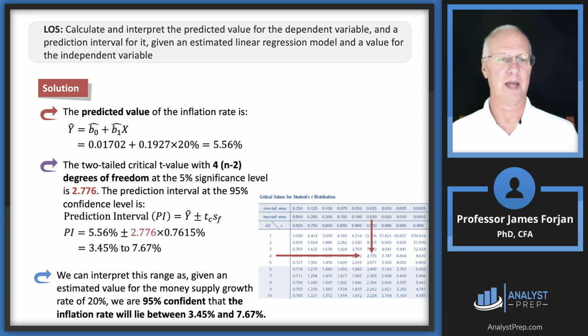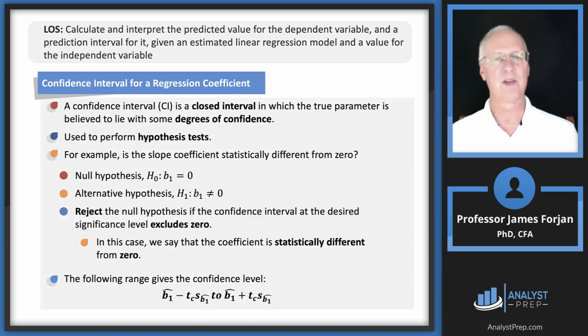So you ought to ask yourself the question, all right, we're predicting inflation, and that range there, 3.5 to 7 2/3, that sounds like a big range. So what do we want? We want a model that we can have much more confidence in a smaller range. Did I say that the right way? I think I did. All right, how about confidence intervals around a regression coefficient?